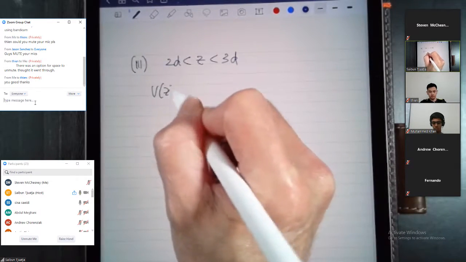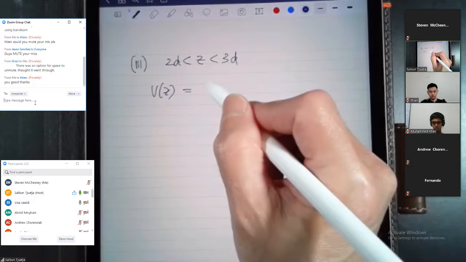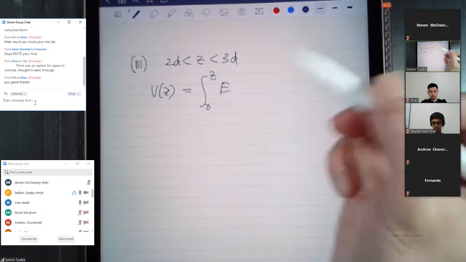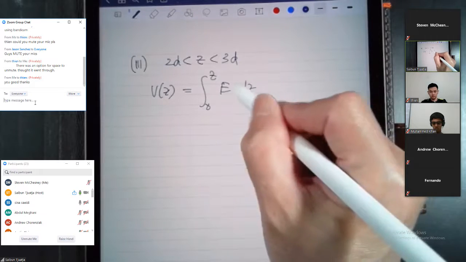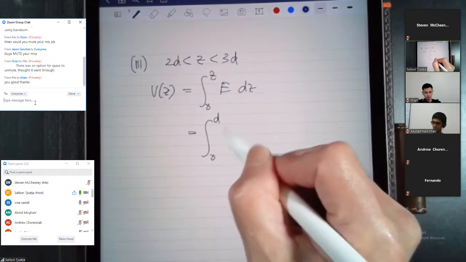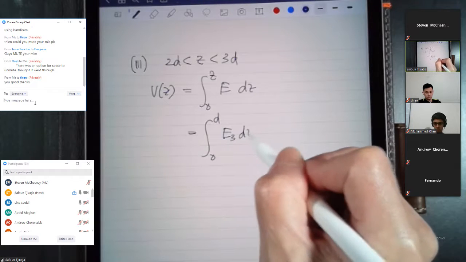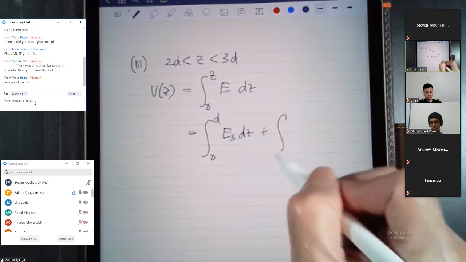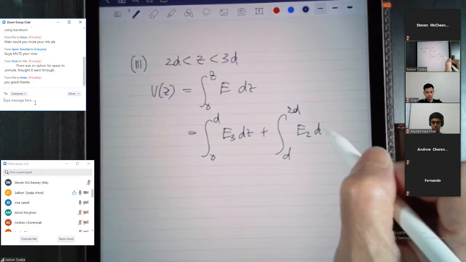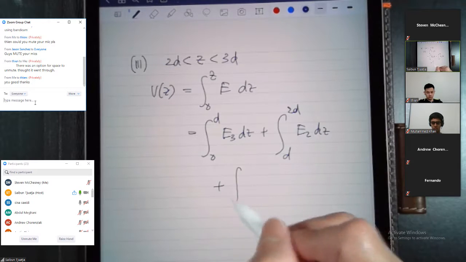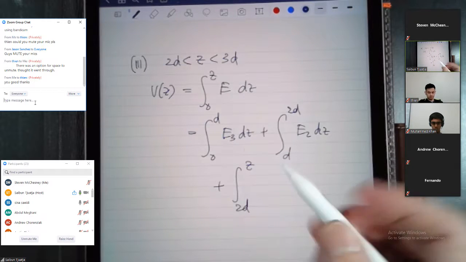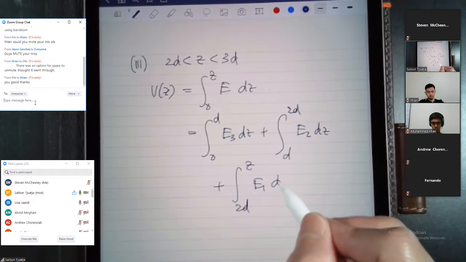V at z, I have to integrate from 0 to z of E dz, where of course I went through 3 regions. So I've got 0 to d, E3 dz, plus d to 2d, E2 dz, plus 2d to z, with z between 2d and 3d, E1 dz.